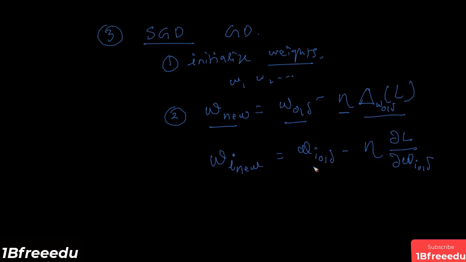That is how we can compute the new weights. Now the question is how to compute these derivatives. Once we get this derivative, computing new weights is easy, and these weights will be updated till convergence.